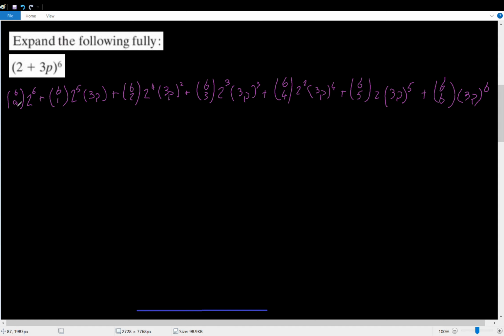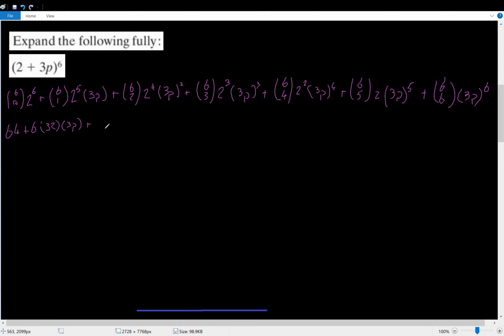So 6 choose 0 is just 1, and 2 to the power 6 is 64. So we have 64 plus, and then 6 choose 1 is 6, 2 to the power 5 is 32, and 3p is just 3p.